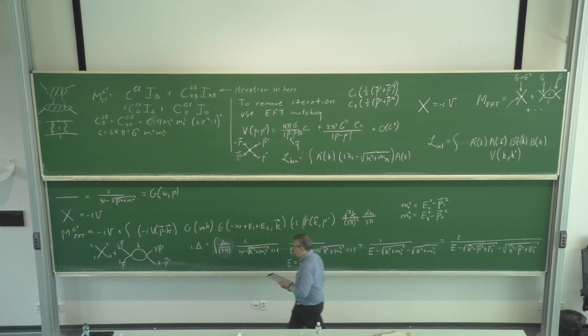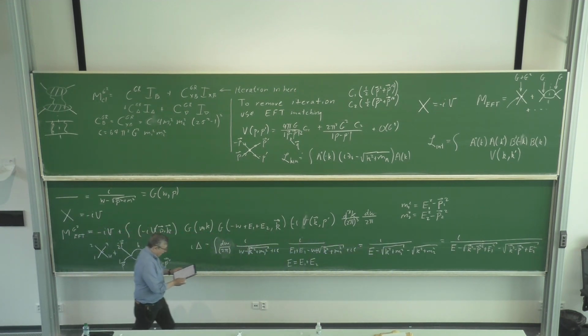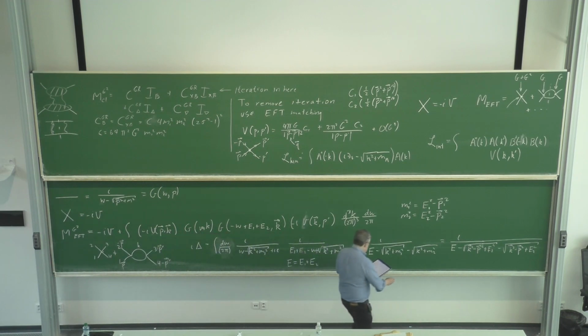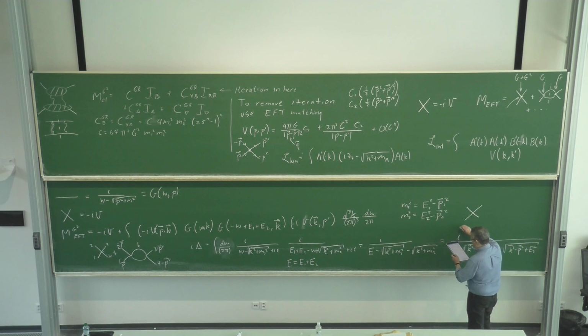See, if you look at the vertex, so let's say there's P here and there's K, this comes in.